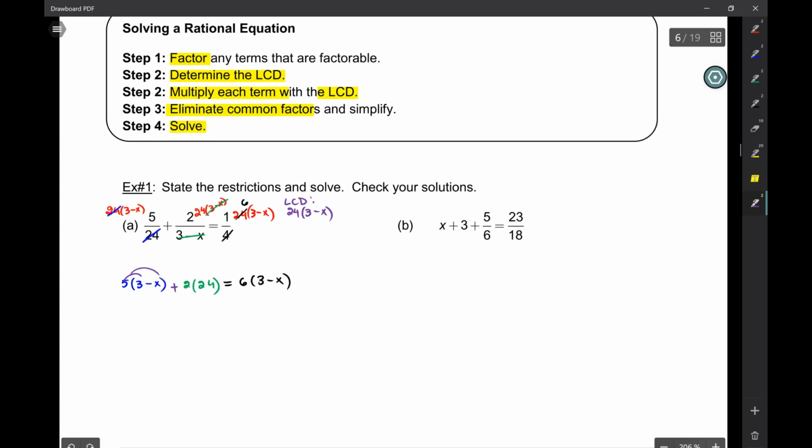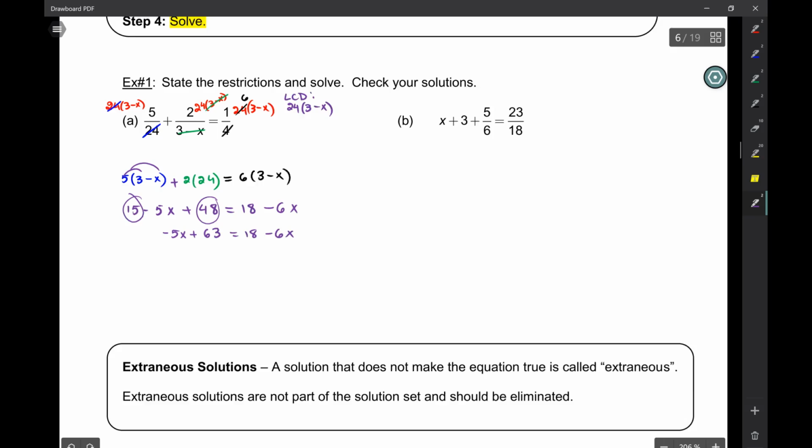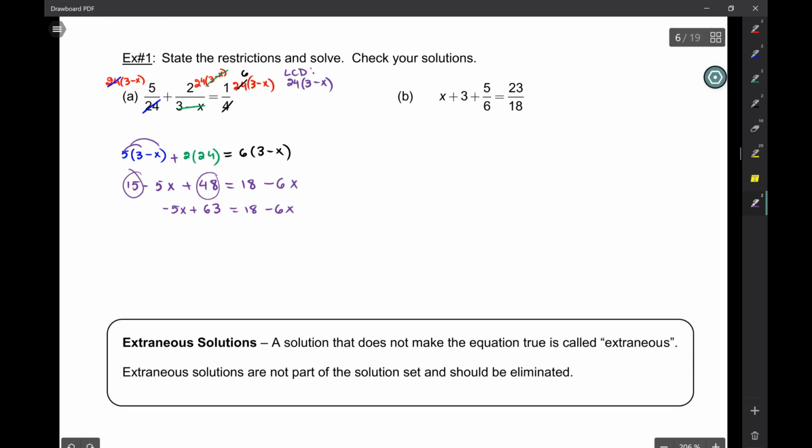So, distribute: negative 5x plus 48 plus 15 equal to 18 minus 6x. What do we have there? 63 is equal to 18 minus 6x. Now, I'm going to add 6x to both sides.